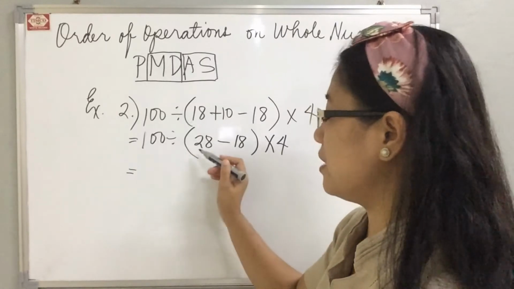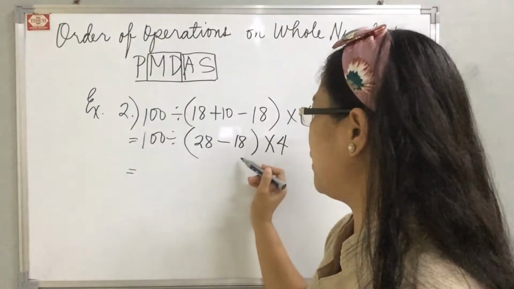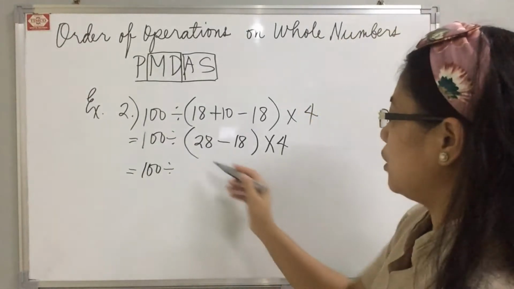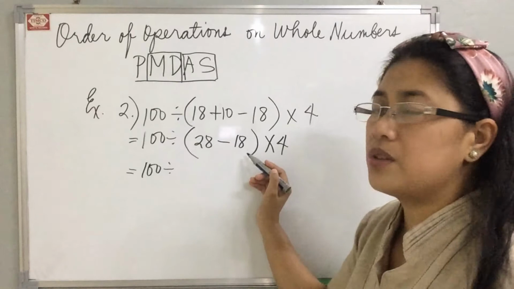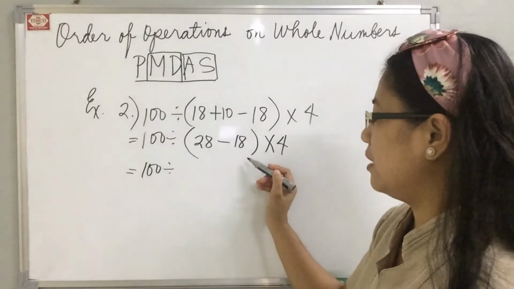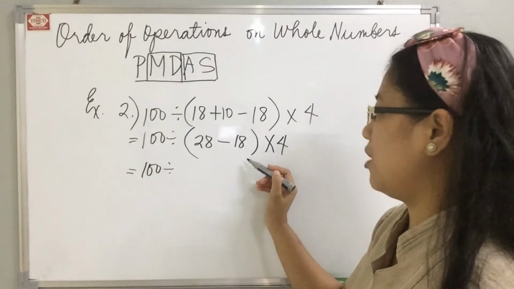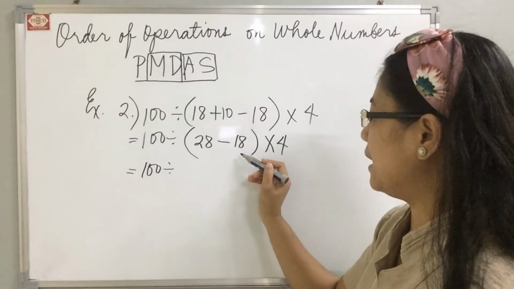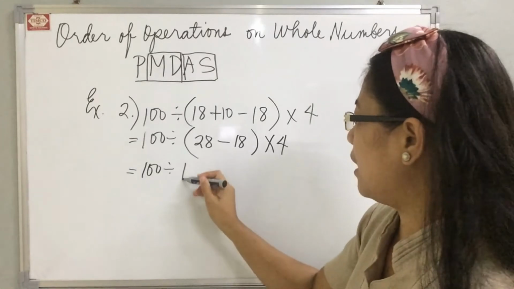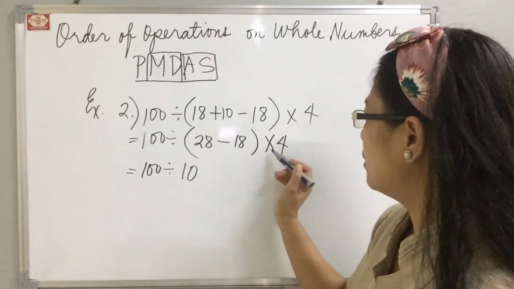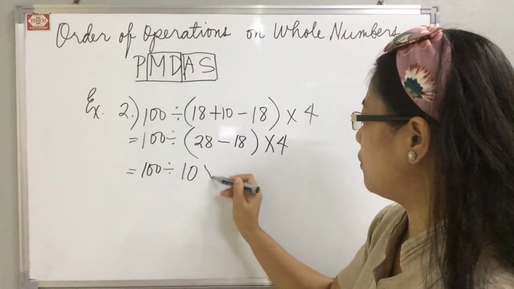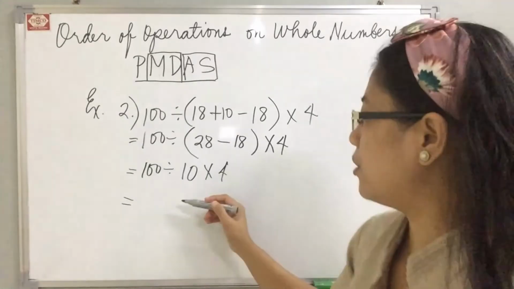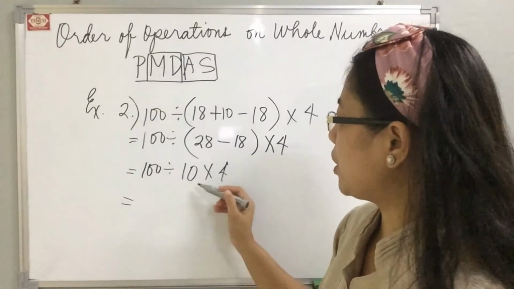Bring down again. Since we still have a parenthesis here, bring down 100 again, divided by 28 minus 18. We can now remove the parenthesis since there is only one number involved after we solve this. So 28 minus 18 is 10. Bring down times 4. According to our rule, whichever comes first.